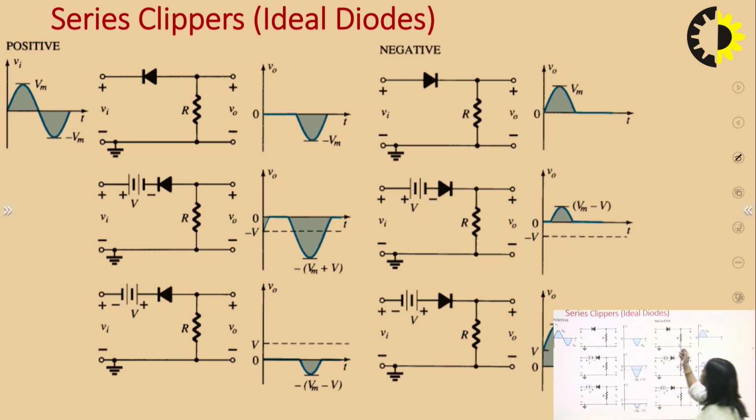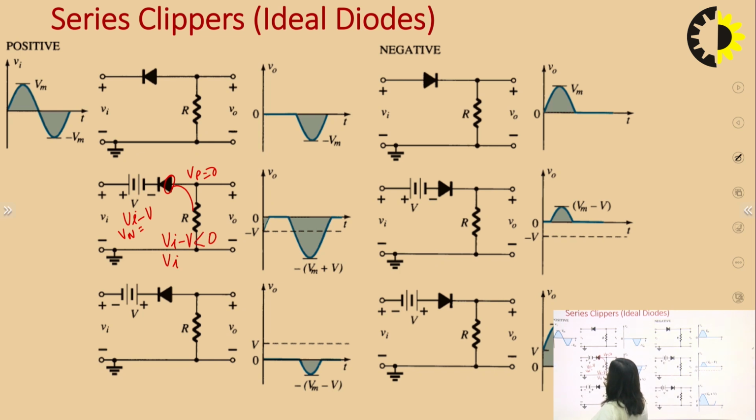Similarly we can also do for this, and here we can see the P plate potential. P plate is connected with this, so P plate potential Vp is 0, and here Vn is Vi minus V. This is our Vn. So here the diode conducting condition will be Vi minus V less than 0.